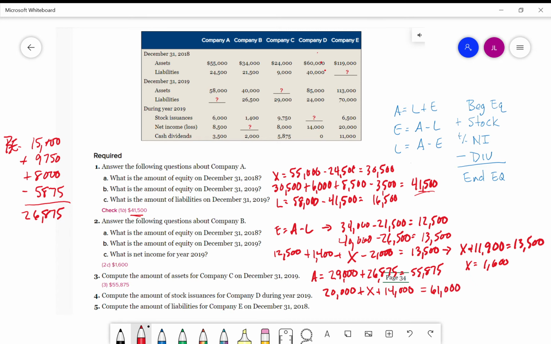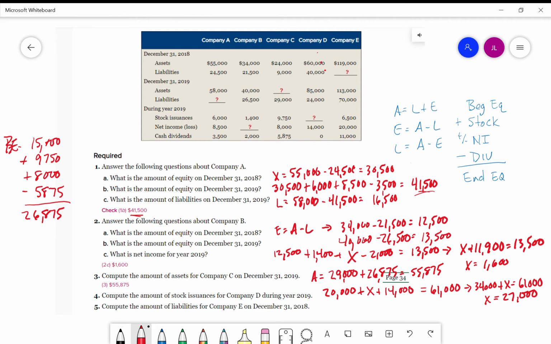So here's our equation: 20,000 plus X plus 14,000 equals 61,000. If we combine terms, we get 34,000 plus X equals 61,000. Now if we subtract 34,000 from each side, X is 27,000. That is the amount of stock issuance we had for the year.